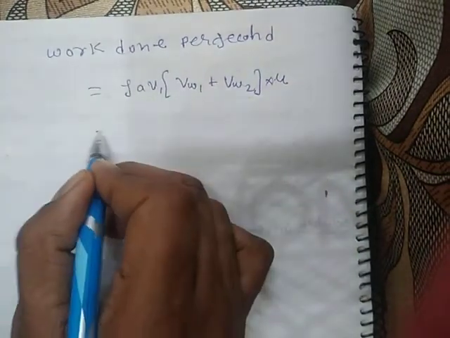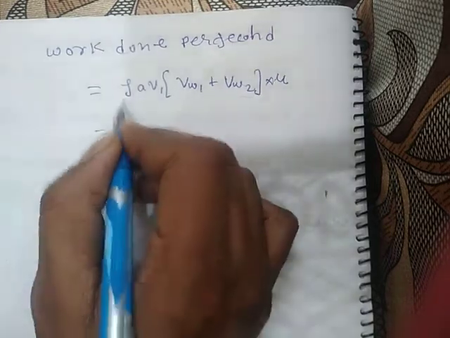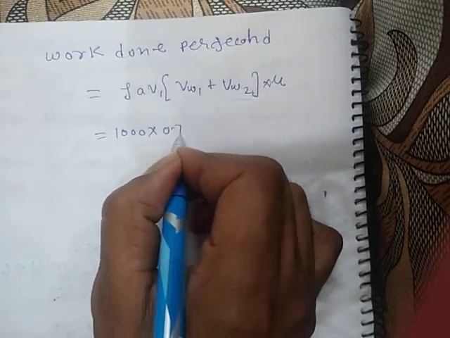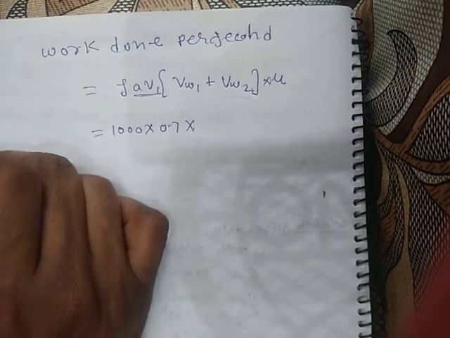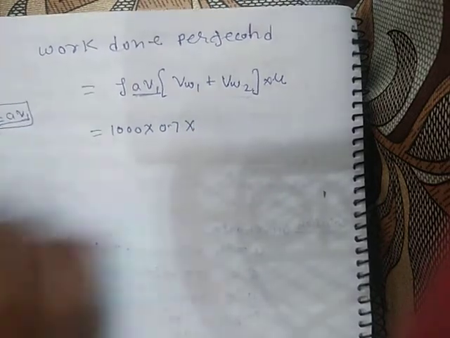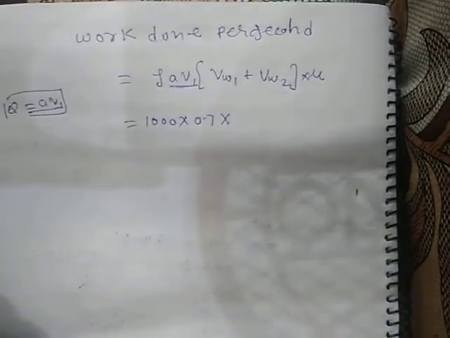So we can put the values: 1000 into 0.97. This is the discharge, Q is equal to a V1.